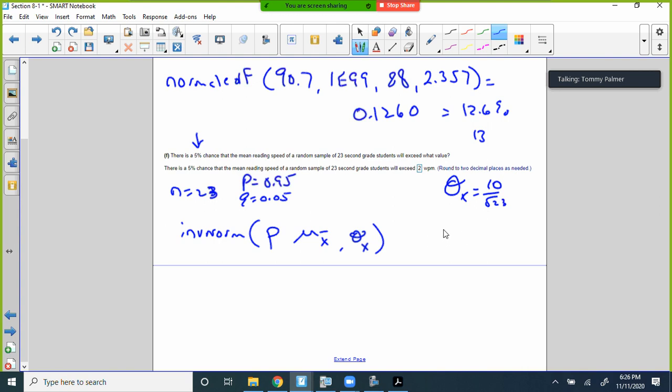I typed that in as 10 over the square root of 23 in my calculator without converting it to a decimal. When I do that, it is 2.0851. And of course, the inverse norm would use 0.95.